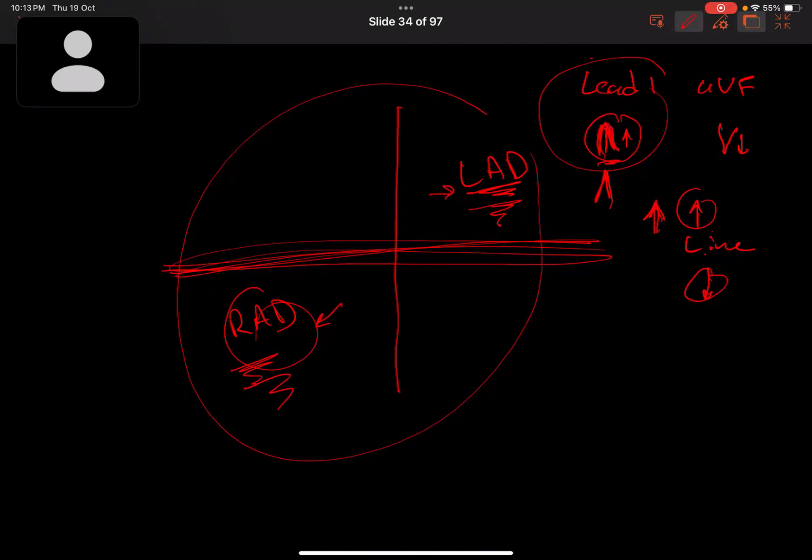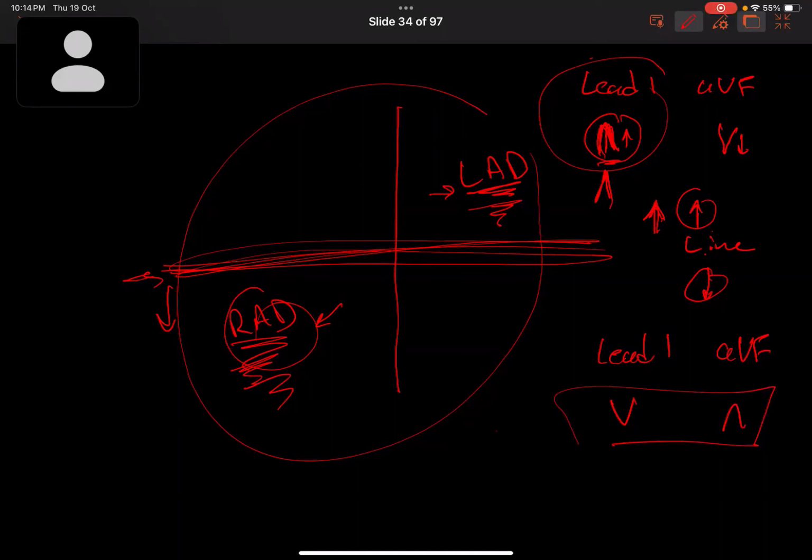And if the lead 1 R wave is facing downwards, then the axis deviation is below the line, so that's going to be a right axis deviation. Obviously, this is going towards the opposite side. That's how we know that this is a right axis deviation.